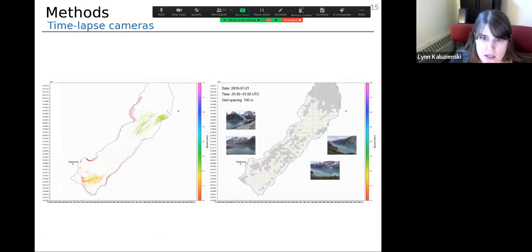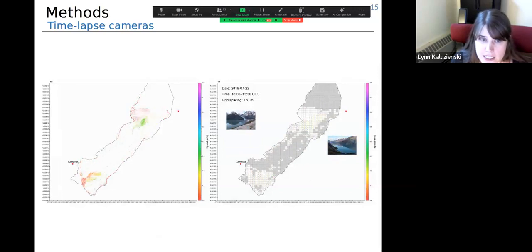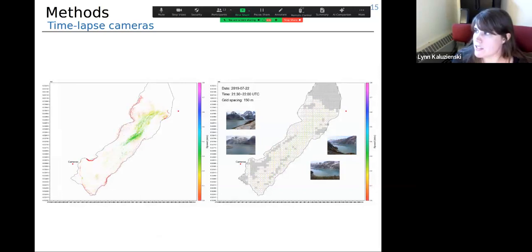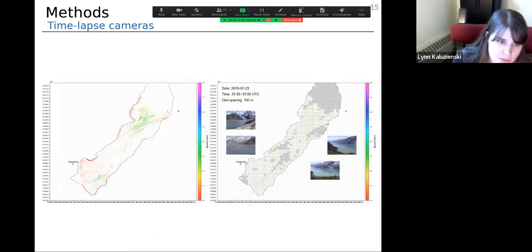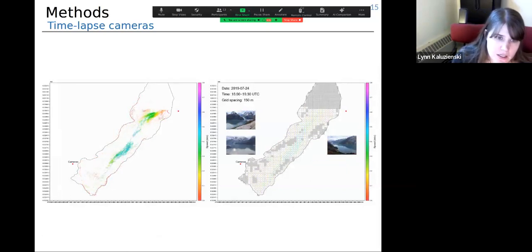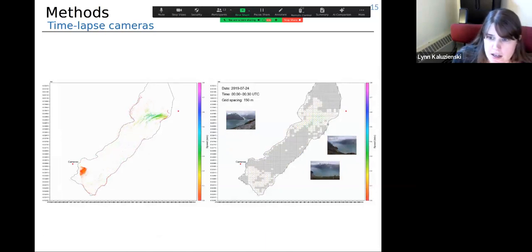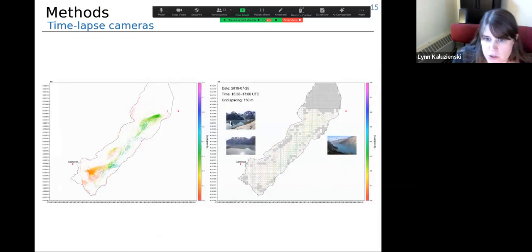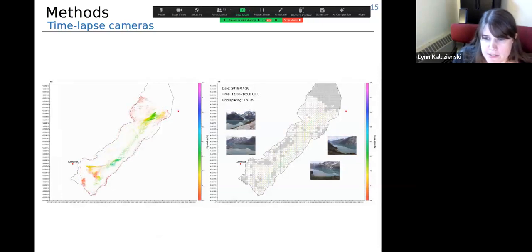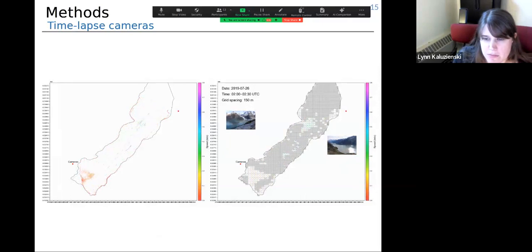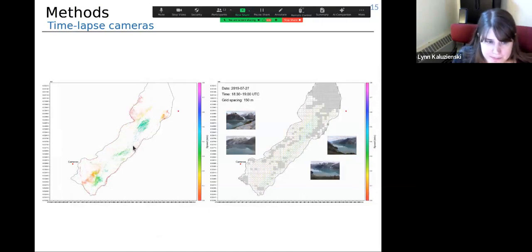So this is showing data from 2019. On the left, we see all of the vectors through time. And over here, this is showing the actual photos from the cameras. Our cameras weren't operating at the same daylight hours, so some of them turn on and off compared to others.